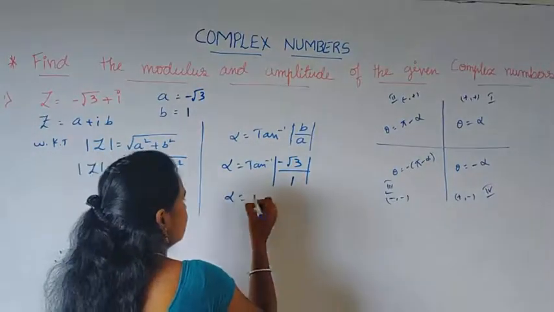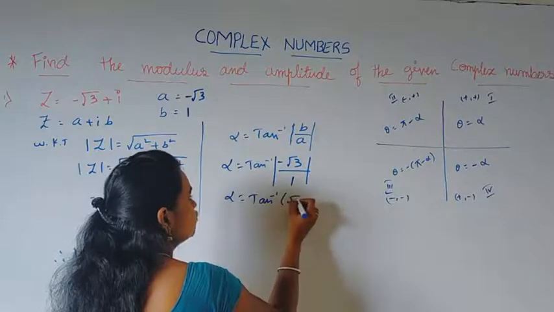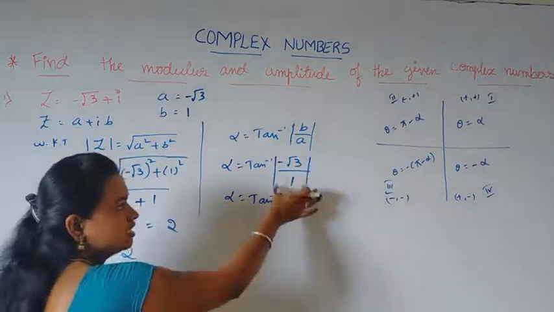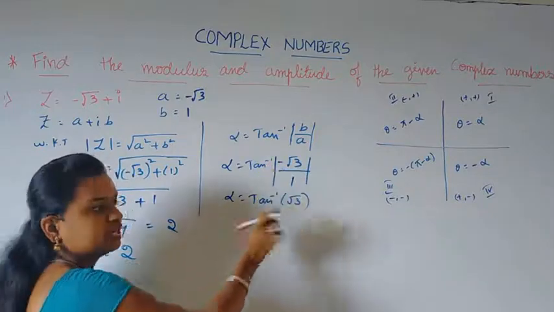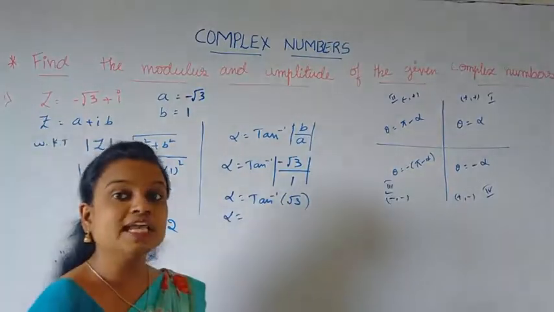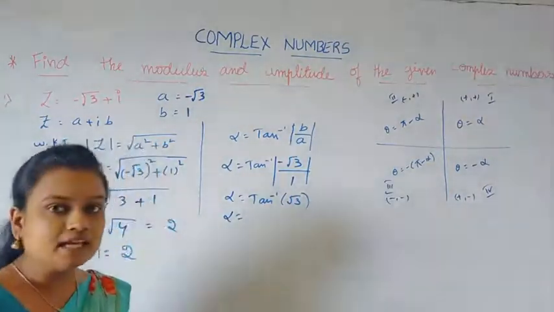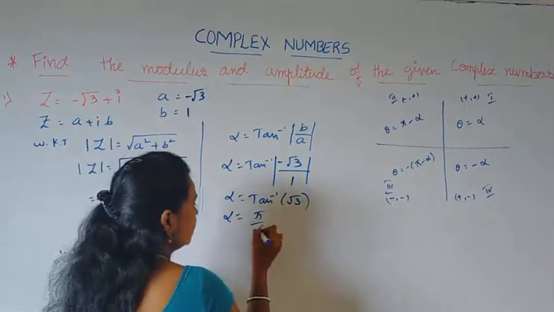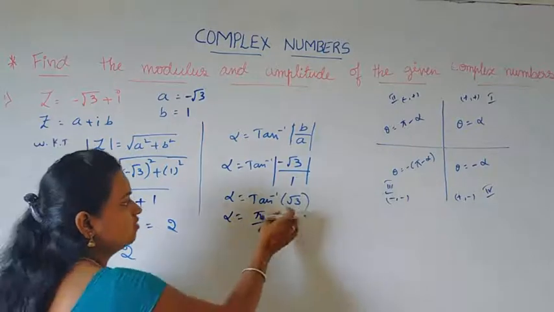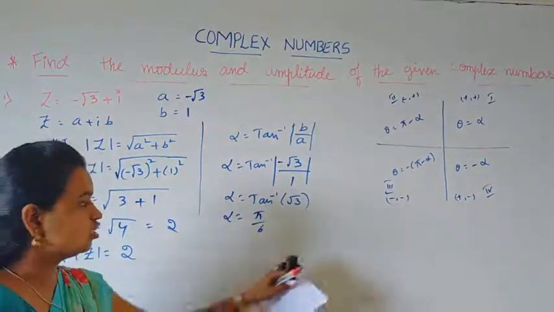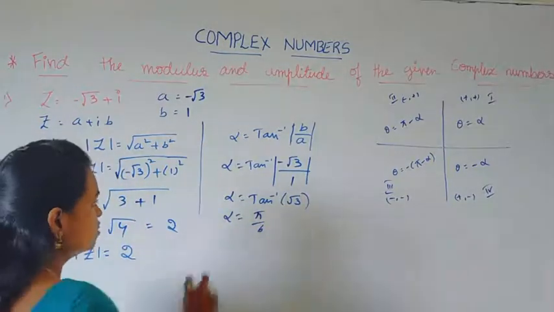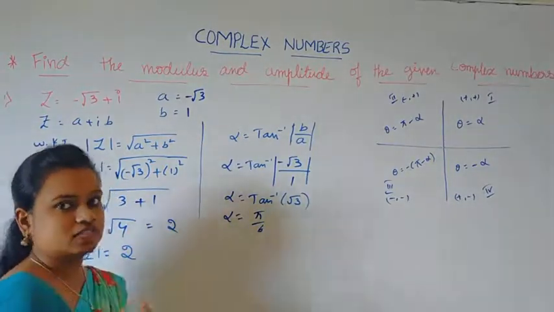So alpha is equal to tan inverse of root 3, and root 3 divided by 1 is root 3. What is the value of tan inverse of root 3? It is pi by 6, 30 degrees. For 30 degrees, tan 30 is equal to root 3, right? Therefore tan inverse of root 3 is pi by 6. So this is alpha.